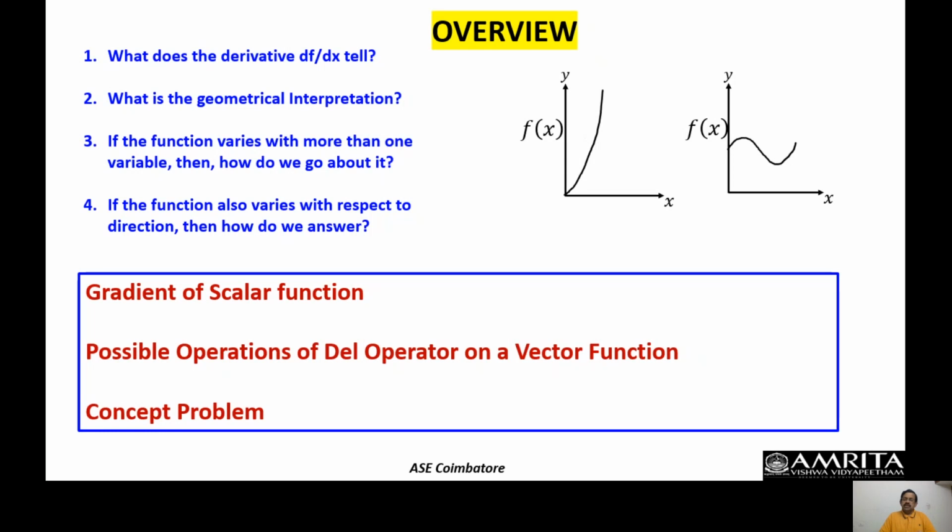Del dot V, del cross V, where V is the vector function, whereas on a scalar function it is merely del T. There is no dot or cross, because del mimics the vector. I can't just take a vector operator on a scalar function, it doesn't make sense. Therefore, on a scalar function, del merely operates, resulting in a vector quantity, which is known as a gradient, and we will describe that.